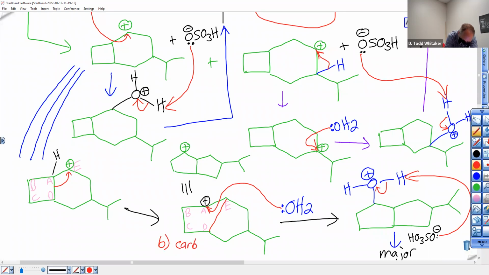Carbocation, I need those magic words about strain. Carbocation has lower, what are the two types of strain? Torsional strain. And what's the other one? The 90-degree thing was bad. 60 would be worse.